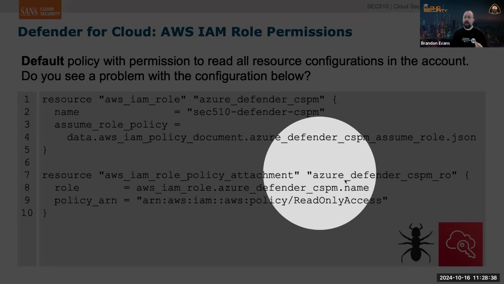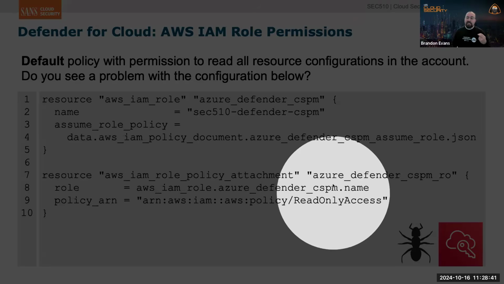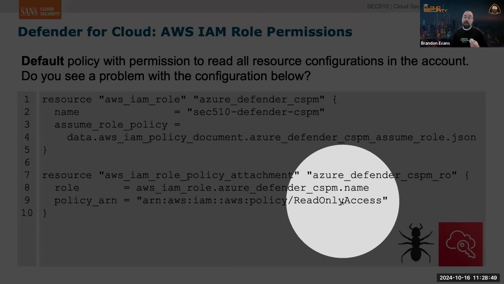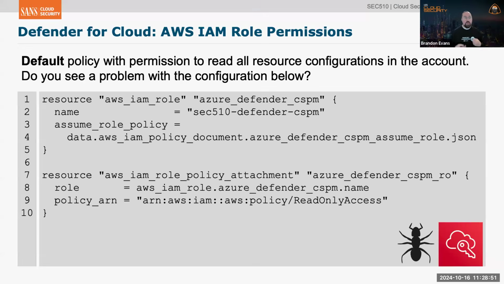And this is unfortunate because the default configuration that they still provide in the Microsoft Defender for Cloud user interface will grant read-only access, which doesn't just allow access to configuration details, but could also result in actual data exposure.